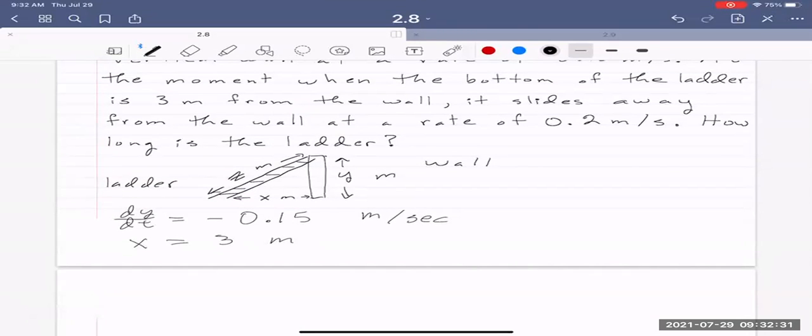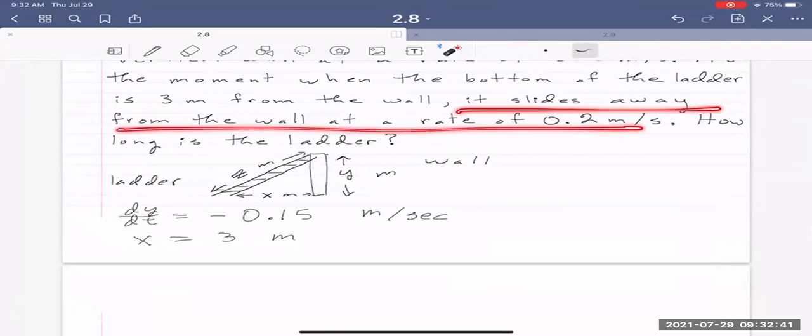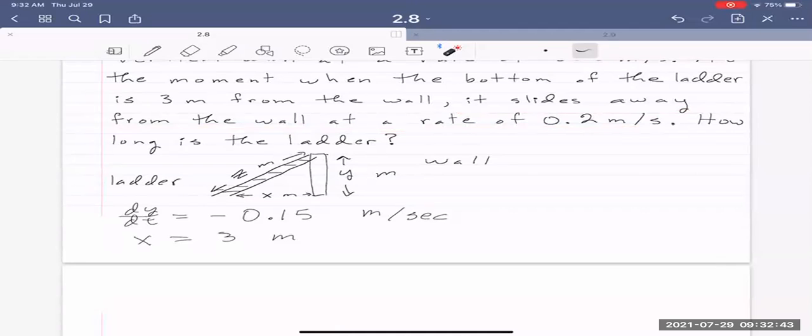Next, we have that this slides away from the wall at a rate of 0.2 meters per second. And so the bottom of the ladder is sliding away from the wall.